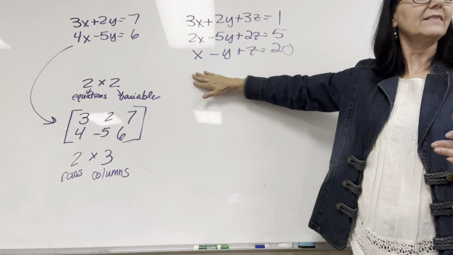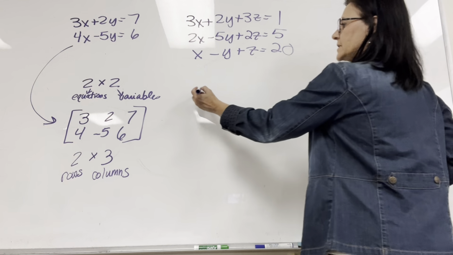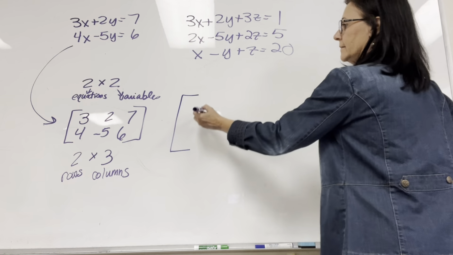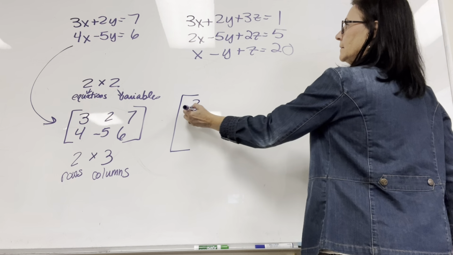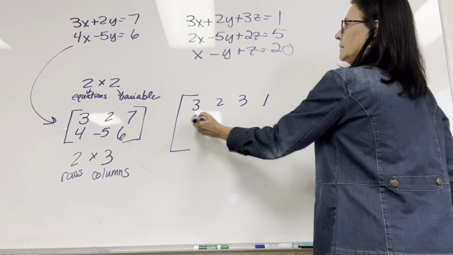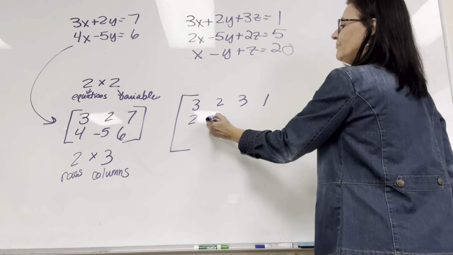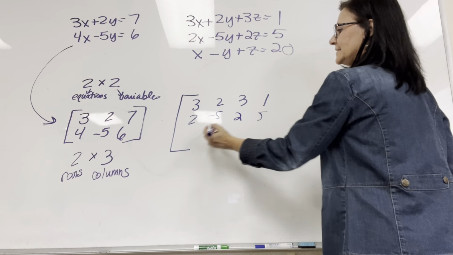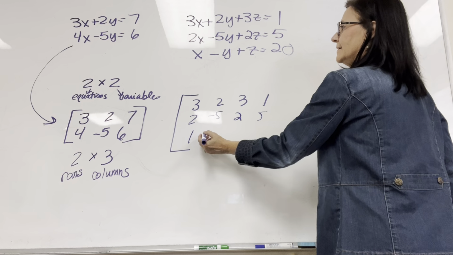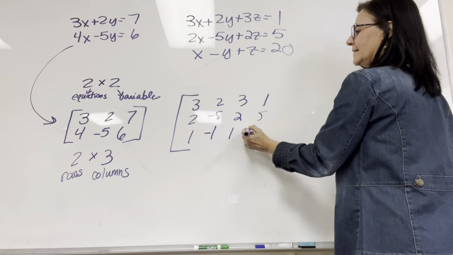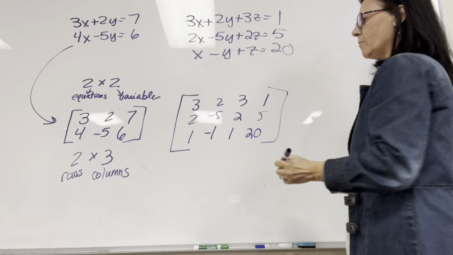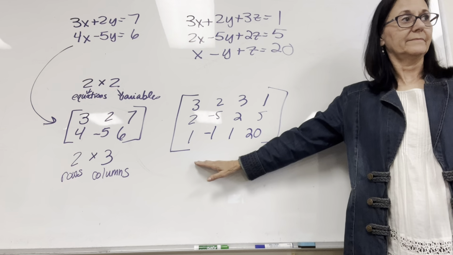But if I were to write this in matrix form, what would it look like? 3, 2, 3, 1. 2, negative 5, 2, 5. 1, negative 1, 1, 20. And what would I call this? A what by what?